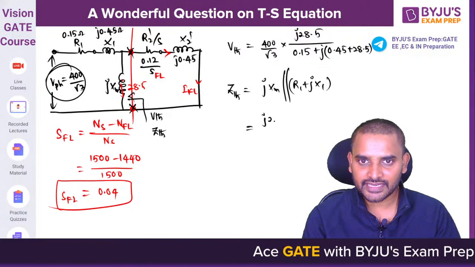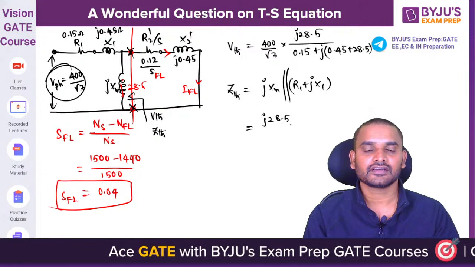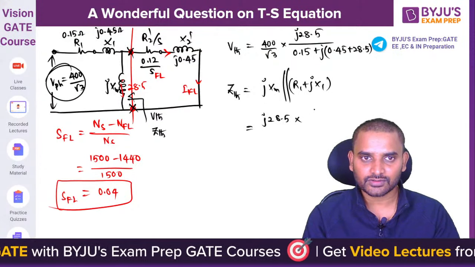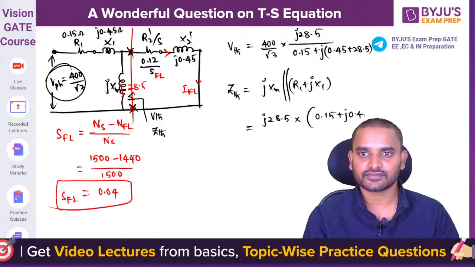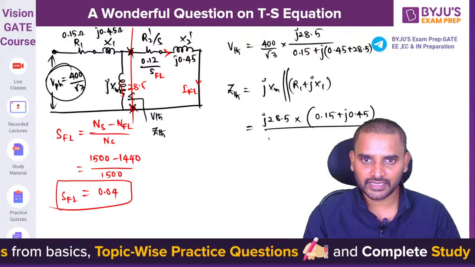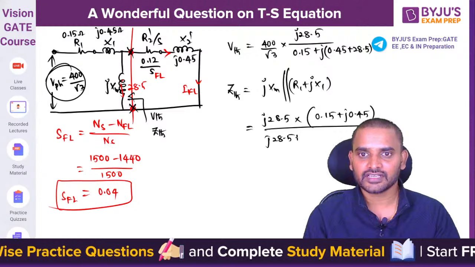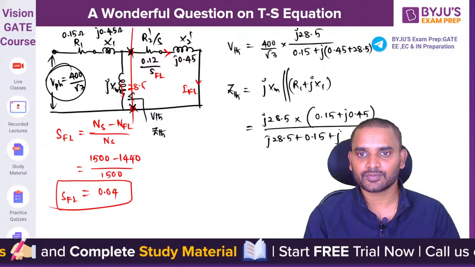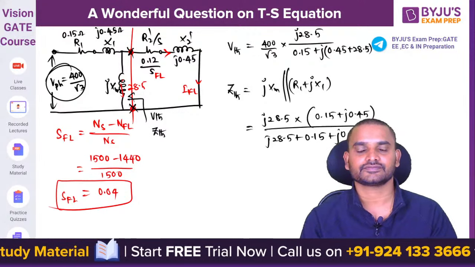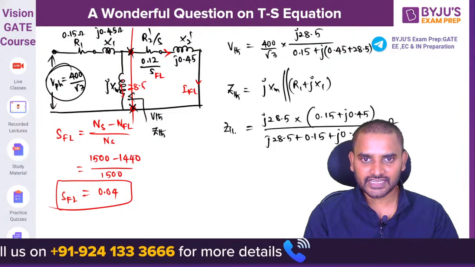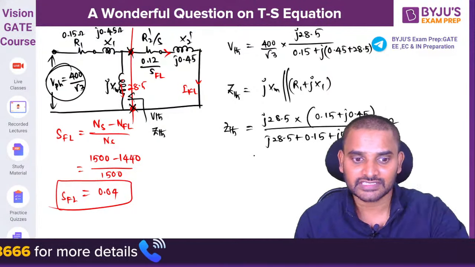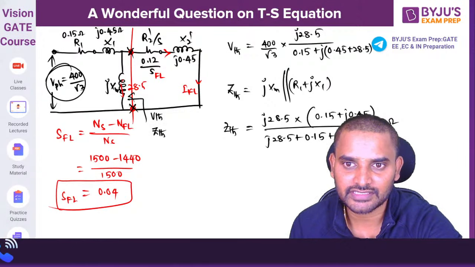J 28.5 into R1 plus JX1, that is 0.15 plus J 0.45, divided by J 28.5 plus 0.15 plus J 0.45. This is ZTH.